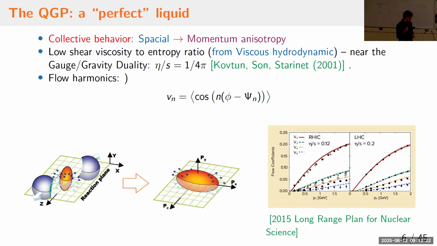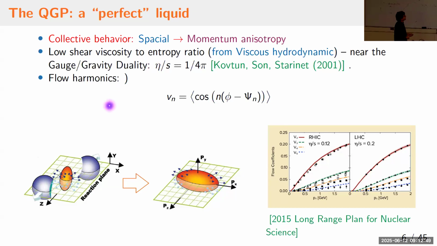So I mentioned two major types of observables that hint at the production of this quark-gluon plasma. The first one is by looking at the flow harmonics. What we typically do is look at the momentum distribution and the azimuthal distribution of the bulk of the particles produced in heavy ion collisions, and we look at how they behave.